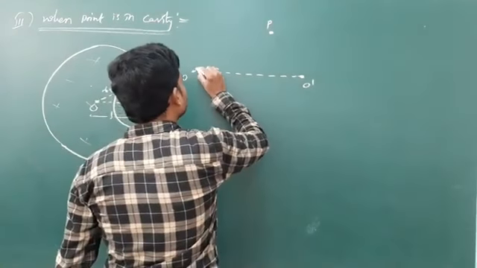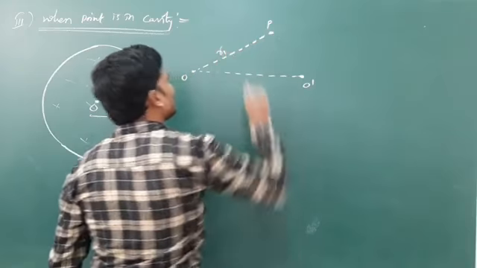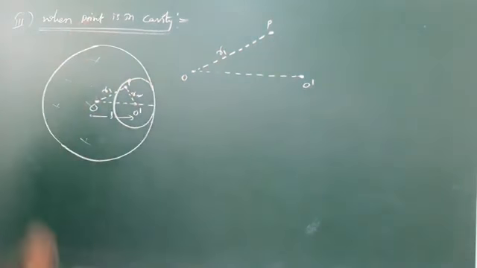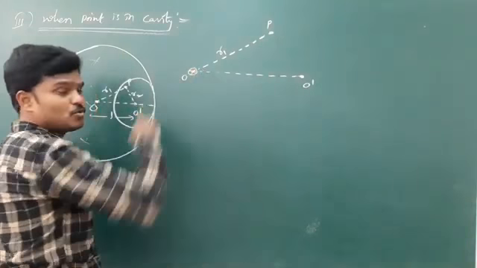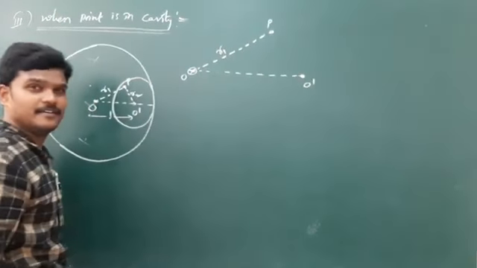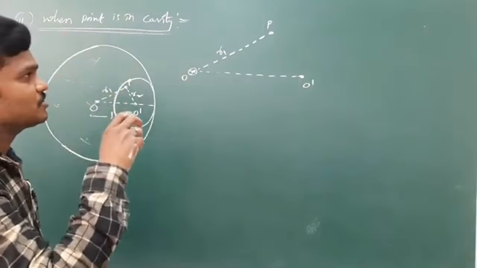So if you enlarge, you will get a diagram like this. This is R1. See, this is inward current, current is into the board. J is equal to I into A.